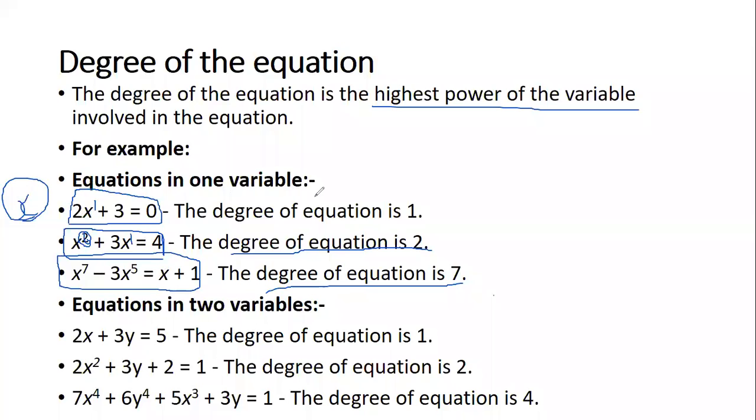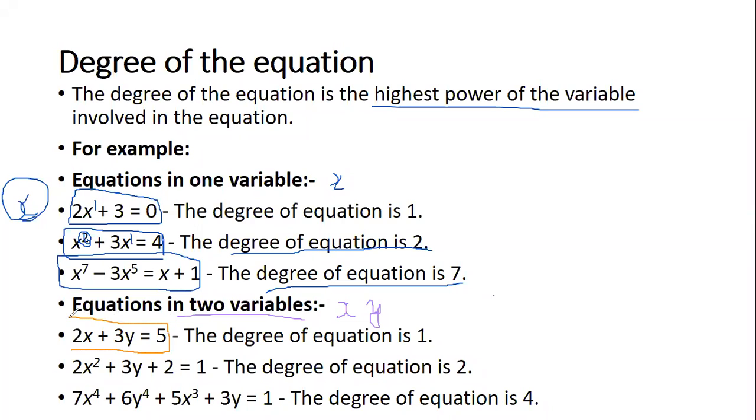Here throughout we had only x. We did not have y at all. Now let us see equations with two variables. Two variables means I will have x, I will also have y. Now the first equation, 2x plus 3y is equal to 5.